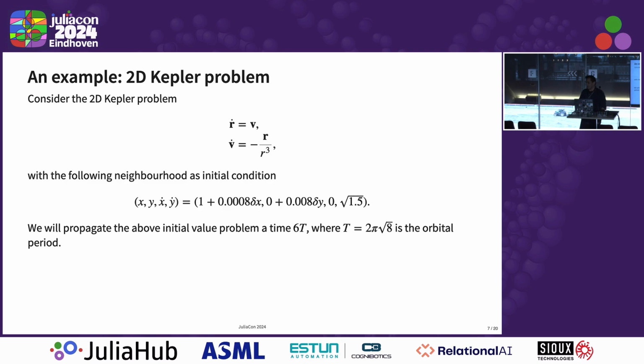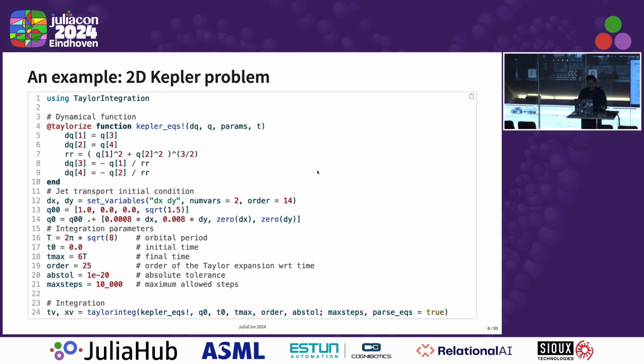So as an example, we have the Kepler problem with some initial conditions, and we propagate them for 6 periods, right? And in our setup, using Taylor integration, we declare the equations of motion. And then in order to use jet transport, we just have to set these variables. This function is coming from TaylorSeries, right?